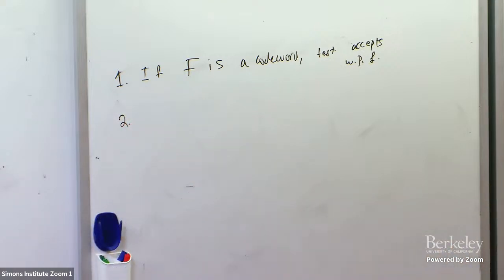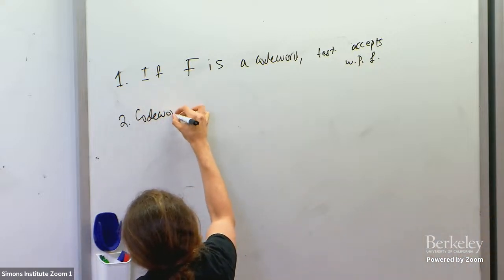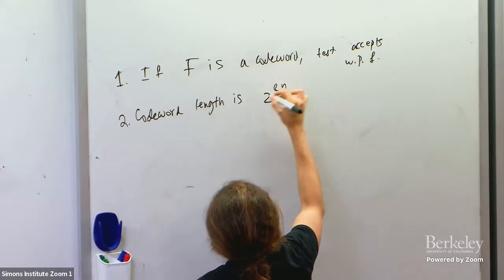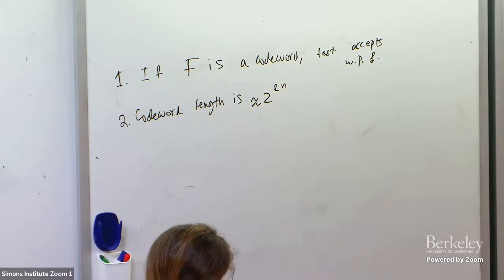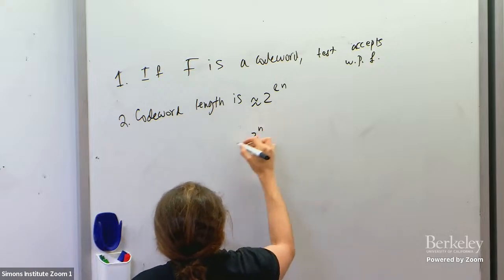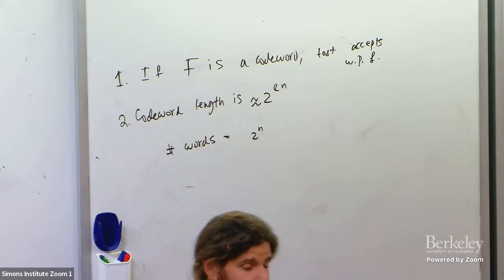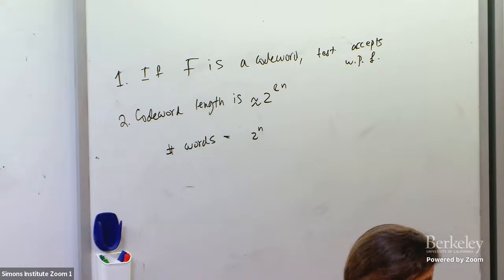So the number of subspaces of dimension L is roughly 2 to the L times n. And the number of words that I have is 2 to the n. So they are polynomially related as long as L is constant, and it is going to be constant. So we have the property going for us. The blowup is not too much.